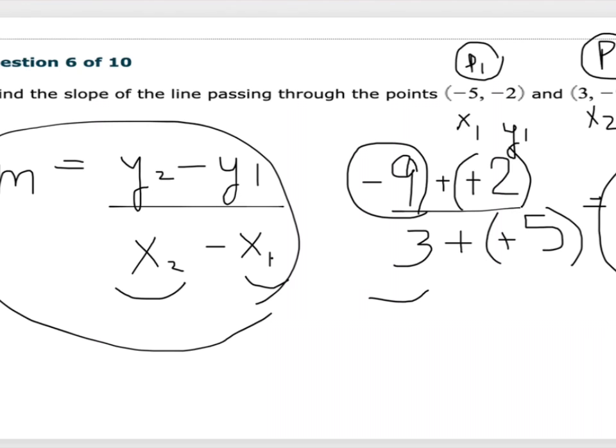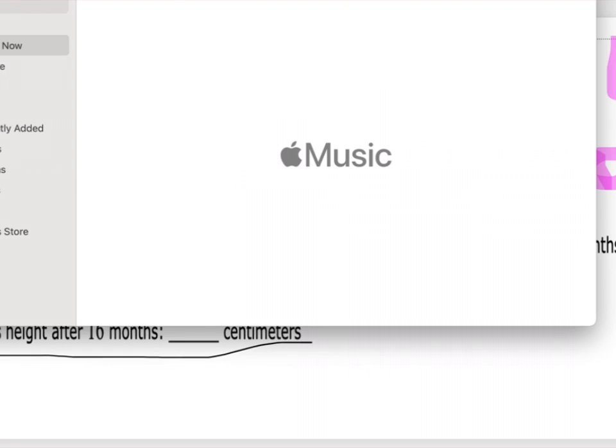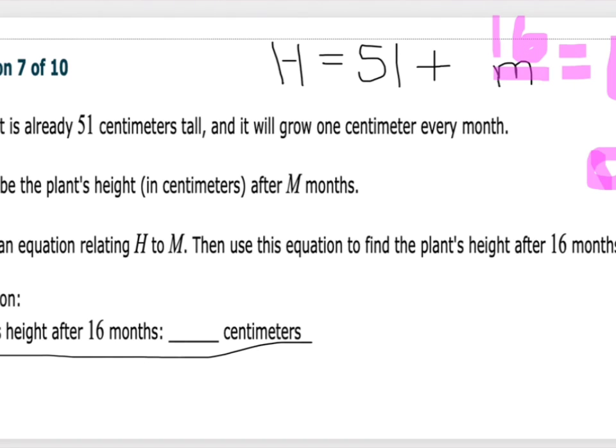The x2 minus the x1 was 3 minus a negative 5, which turned out to be plus a positive 5 right here, which turned out to be 8. So now we're on number 7. A plant is already 51 centimeters tall, and it will grow 1 centimeter every month.